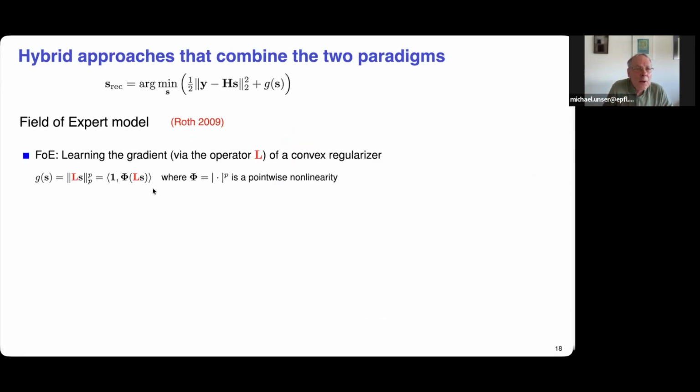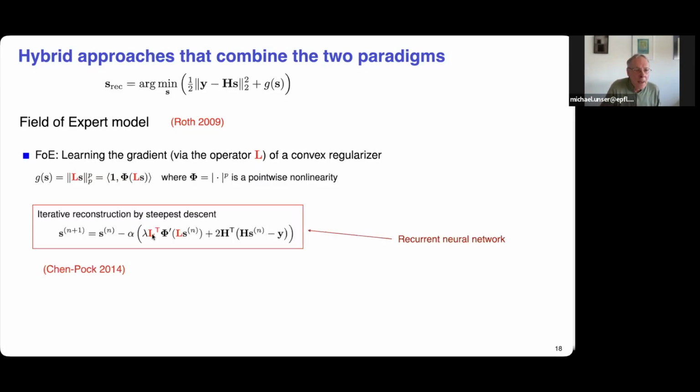The first approach here is the field of experts. The idea was, instead of using a TV regularization, let's use something similar, but with filters that can be learned. If you look at the reconstruction, it is a steepest descent.